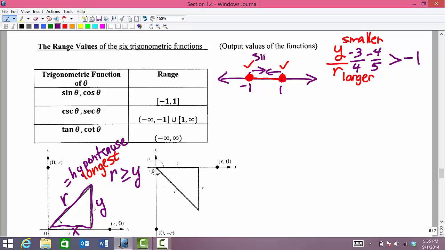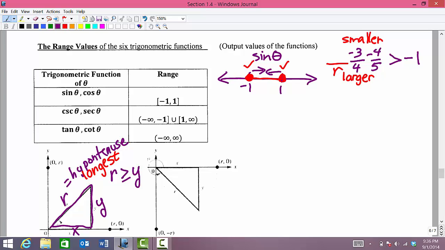So sine has to be something between -1 and +1 because of the fact that y is always smaller and y is on top for the sine function. The same thing would be true for cosine, because x is also a leg of our triangle.